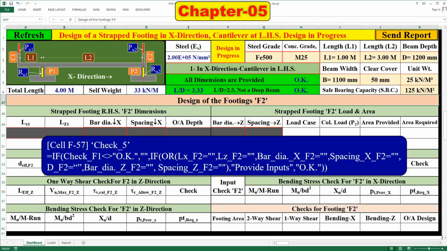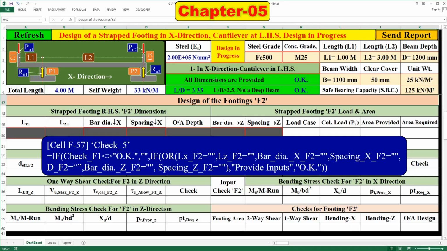Next, using an AND/OR logic condition, it will check whether any of the following required inputs are missing. These inputs are as follows. Length of the footing in the X direction, LX_F2. Length of the footing in the Z direction, LZ_F2.